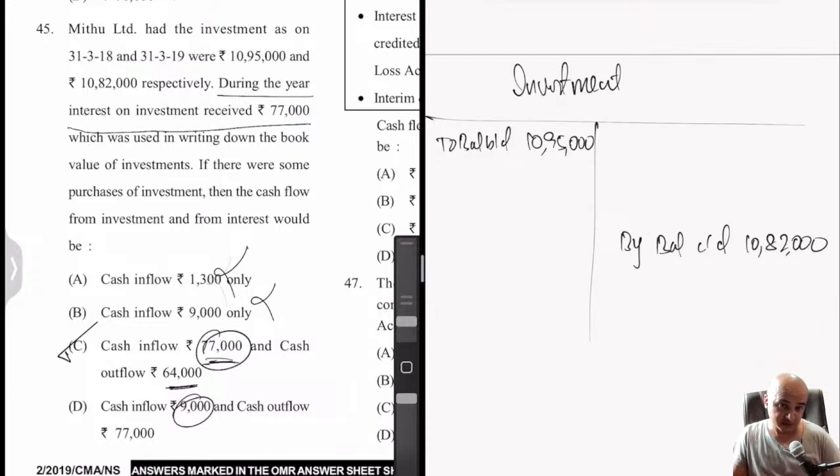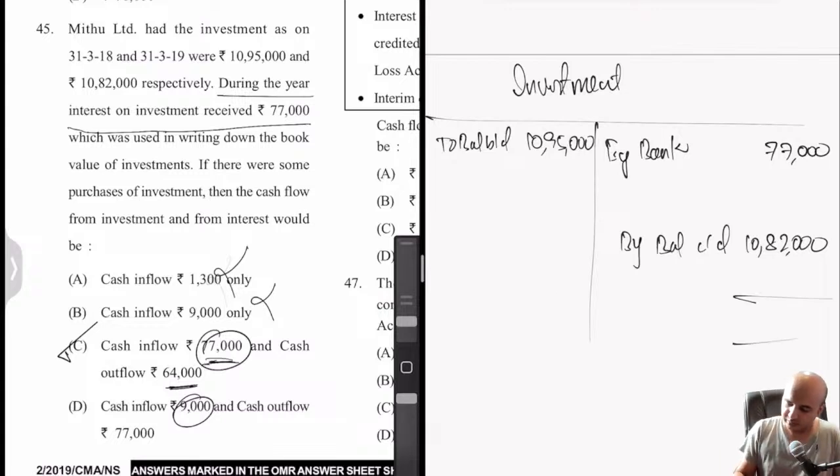We have also received some interest, right? So the entry would be bank account to investment. So by bank, 77,000. Okay. So now that's all.